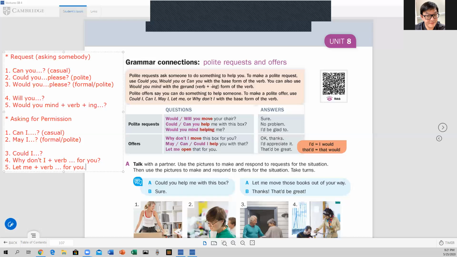Now, let's see. What can we do here now? Yeah, let's do just one activity and we come back. Okay, let's do one activity here.